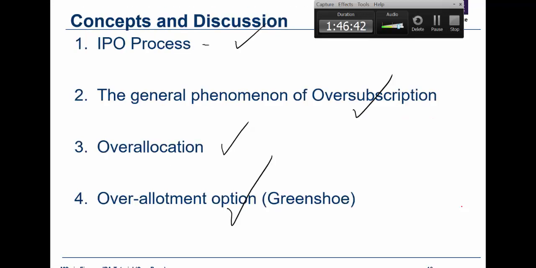So today we talked about all of these, the IPO process and the timeline. We talked about oversubscription. We talked about over allocation, which happens before an IPO. Exercising the green shoe happens after, in fact, substantially after, 21 days after. Okay.